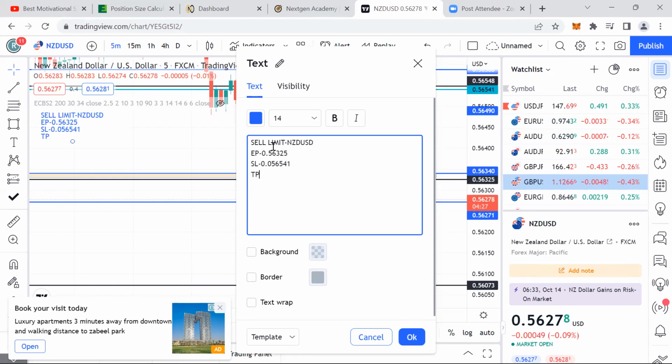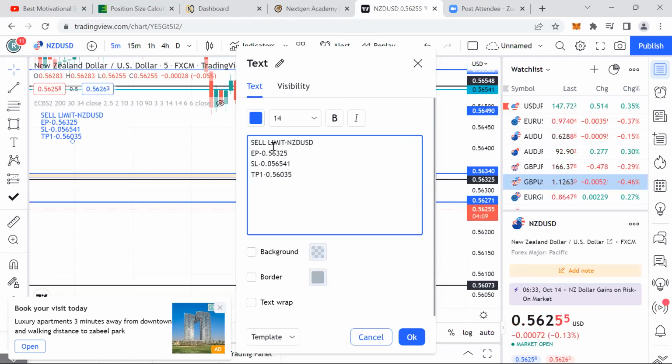Take profit 1, we just do 30 pips from entry, which will be 0.56035.